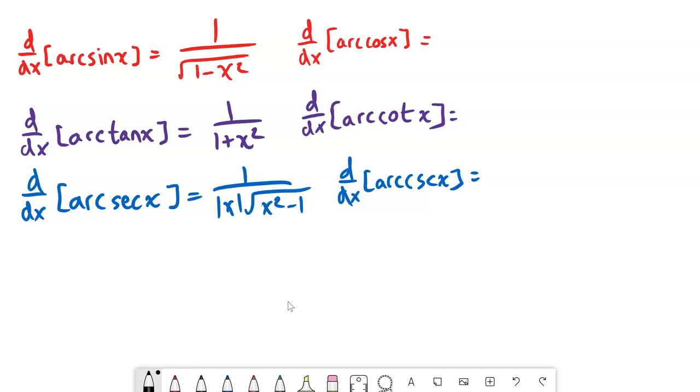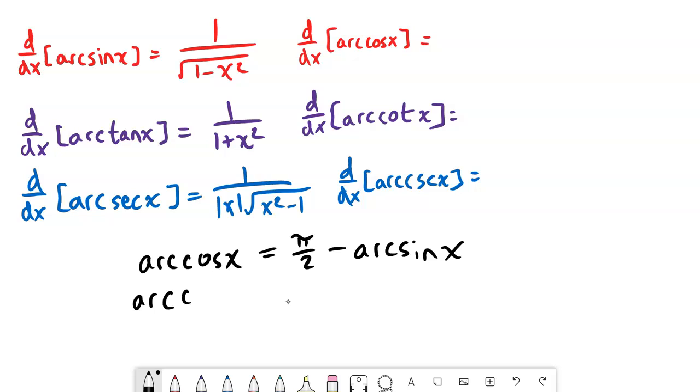Kind of like with identities for trigonometric functions, there are actually identities for inverses. And I'm going to write the ones that I want to point out here. I'm going to write arc cosine, just for this purpose, minus arc sine, and then arc cotangent.